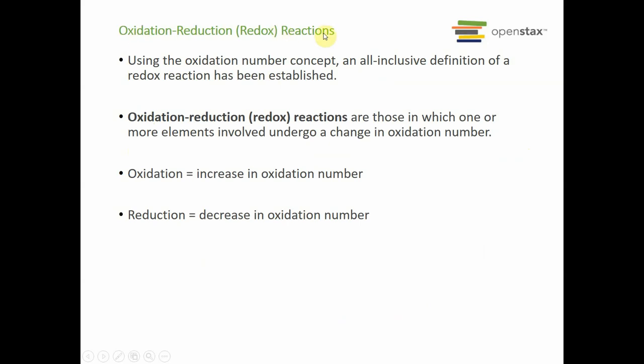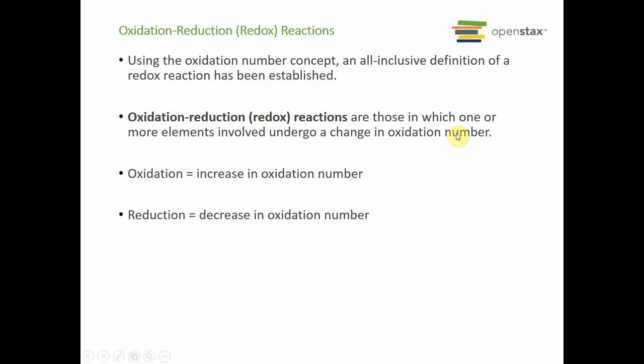Oxidation reduction reactions. Using the oxidation number concept, an all-inclusive definition of a redox reaction has been established. Oxidation reduction reactions are those in which 2 or more elements undergo a change in oxidation number.